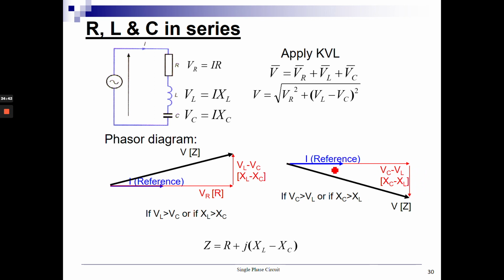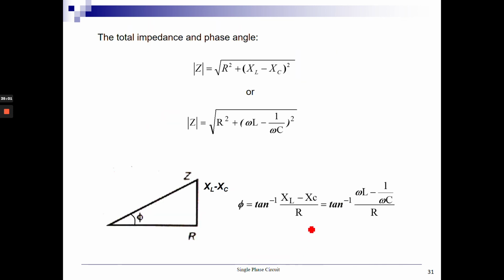Okay, so if VC is larger than VL, your triangle will become like this. So finally, your Z is equal to R plus j(XL minus XC). And then the magnitude of your total impedance is square root of R squared plus (omega L minus 1 over omega C) squared.